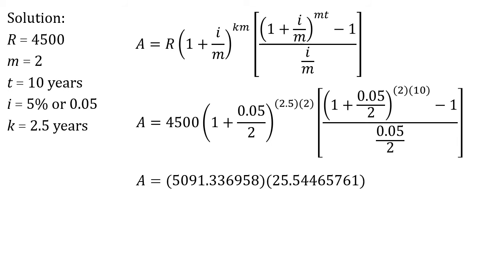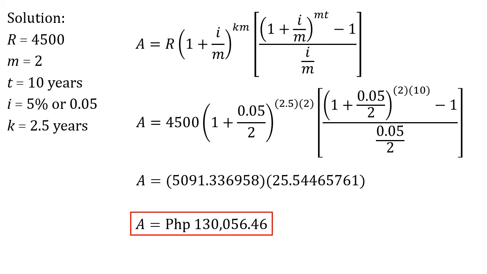Then for the second part, the items inside the parentheses, (1 plus 0.05 over 2) raised to 2 times 10 minus 1, all over 0.05 divided by 2, which will give you 25,544.65761. Multiplying these two will result to 130,056.46. This means that the future value of this deferred annuity is 130,056.46 pesos.